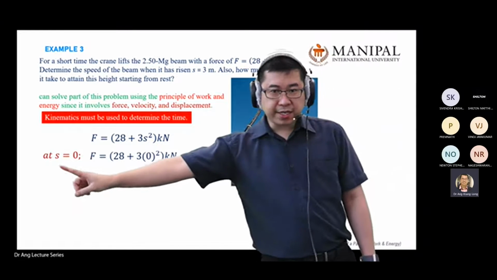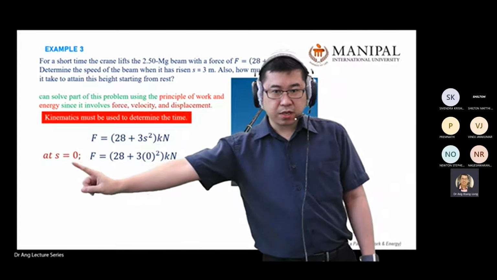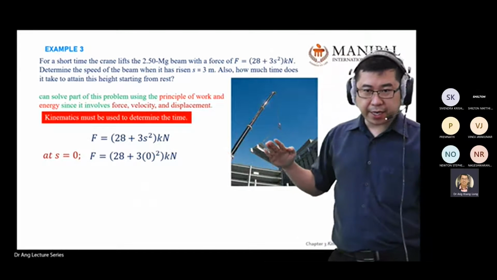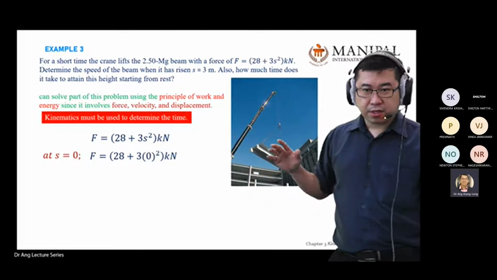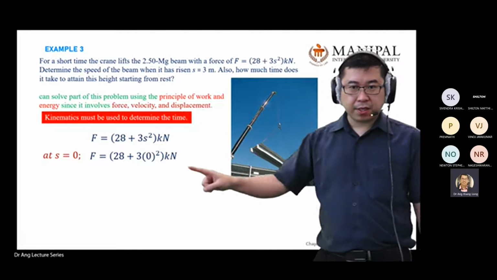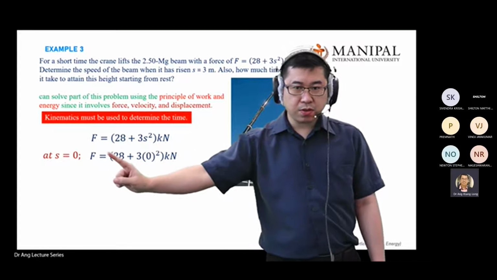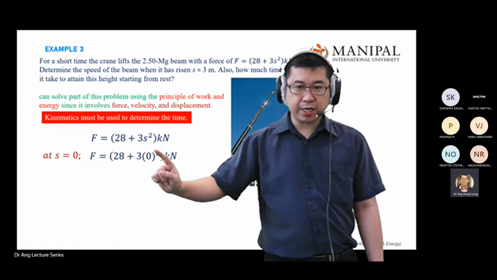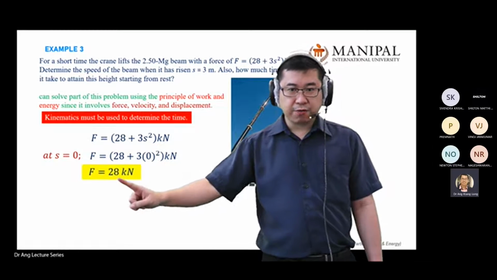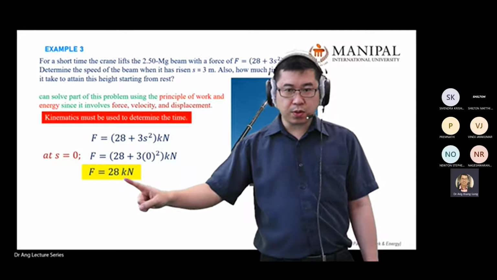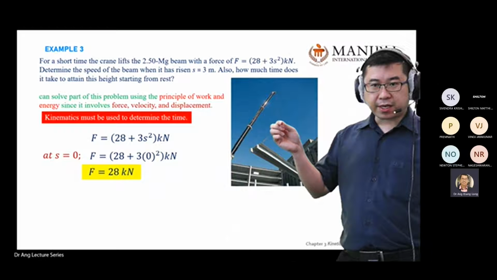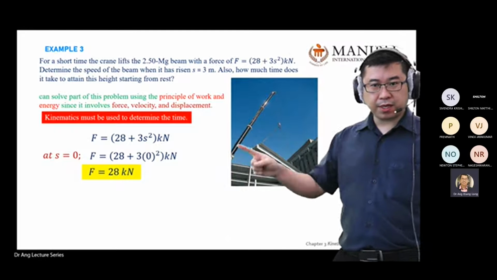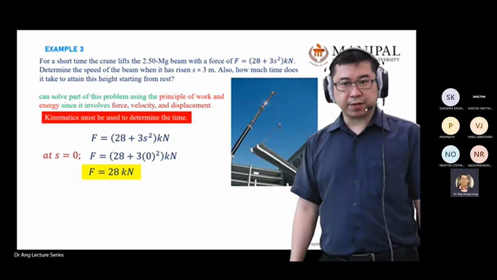So at s equals 0, meaning at the beginning or initial, what is the force acting on the beam? You substitute 0 here, you get force equal to 28 kilonewton. Before start, the cable was pulled at 28 kilonewton.